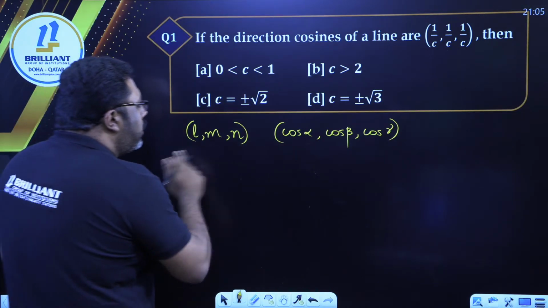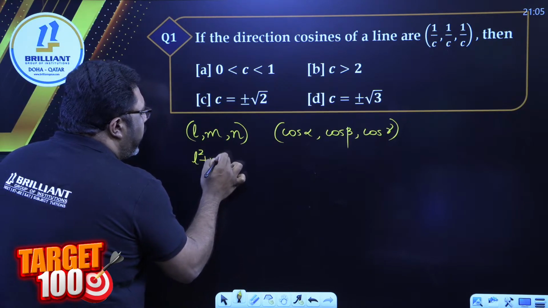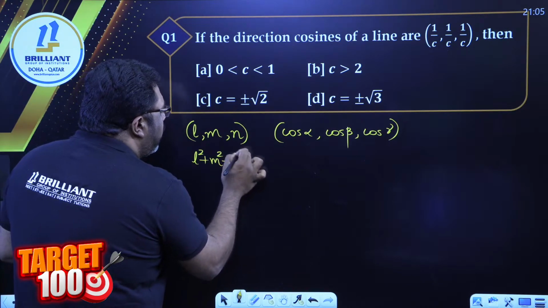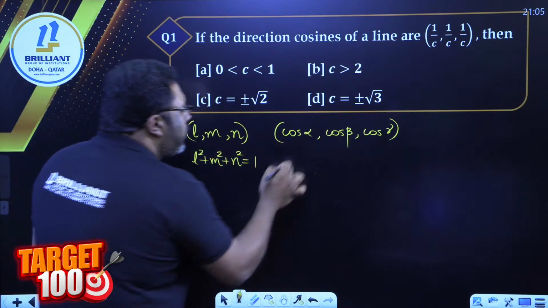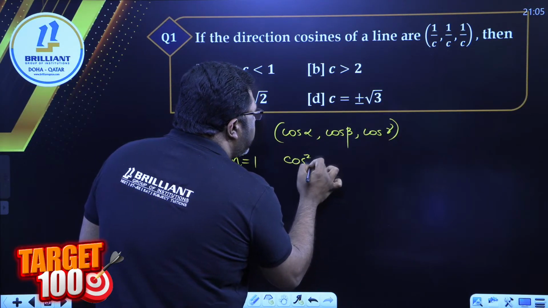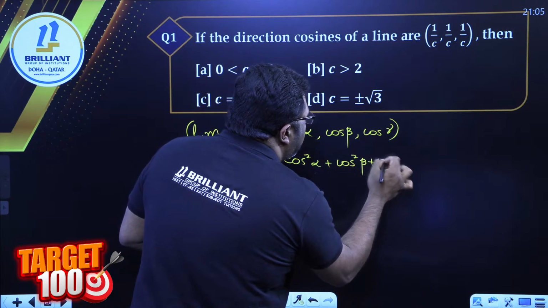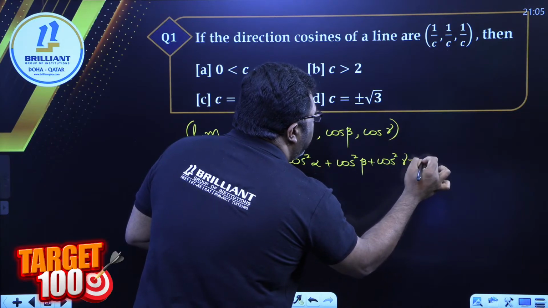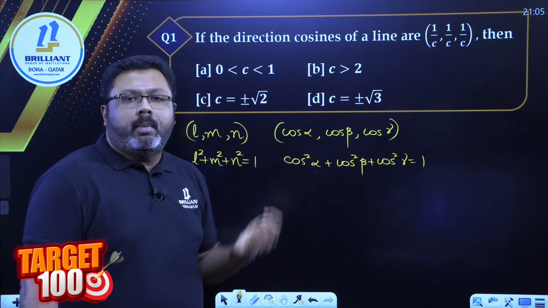And when we talk about the direction cosines, the most important relationship that exists between L, M, N is the sum of the squares is 1. So here also I can say cos squared alpha, cos squared beta, cos squared gamma added also will give me 1. But what is this alpha, beta, gamma?